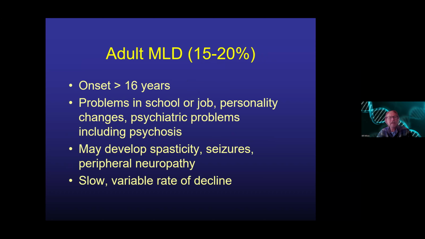So some of the smarter psychiatrists test for this when they've got a new onset psychosis in adults, or they're doing an MRI and seeing the changes on the MRI. And they may develop a neuropathy and spasticity over time, and it's a slow decline in these patients.